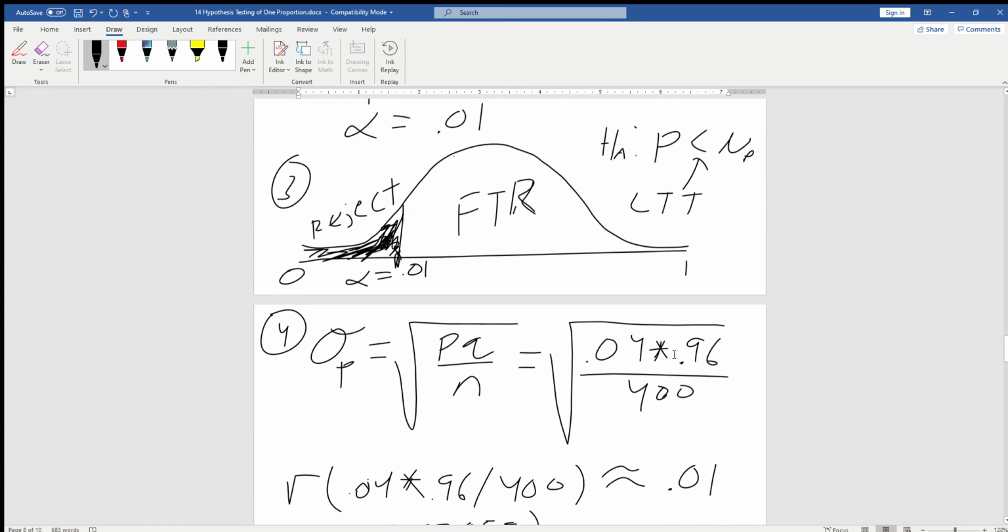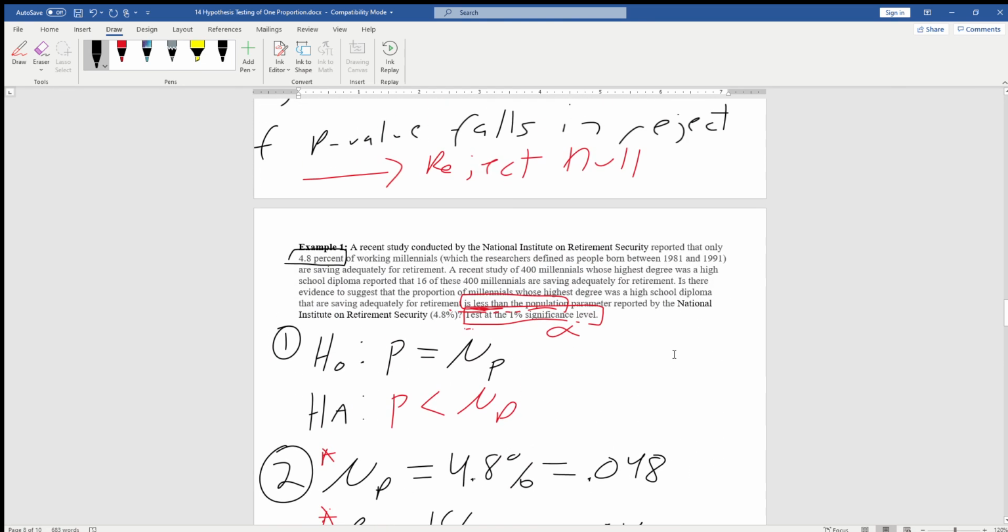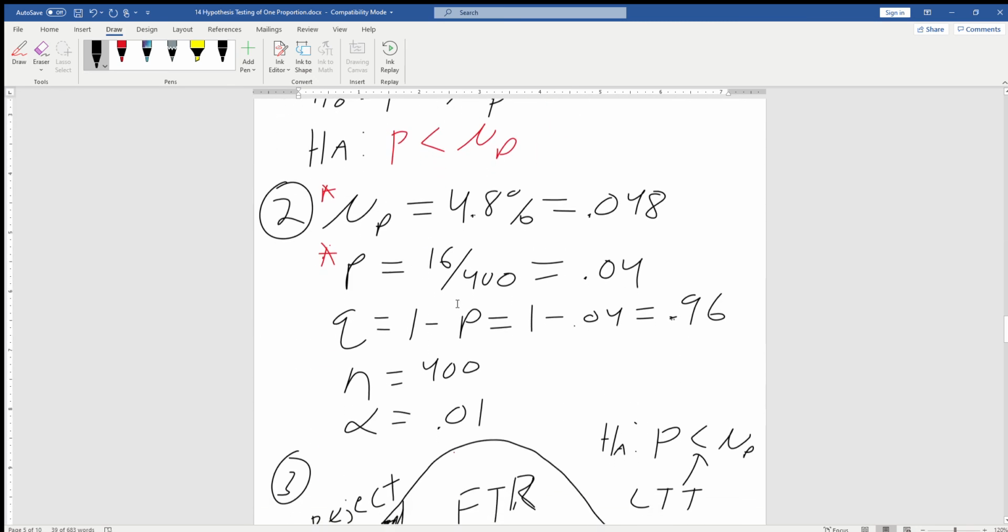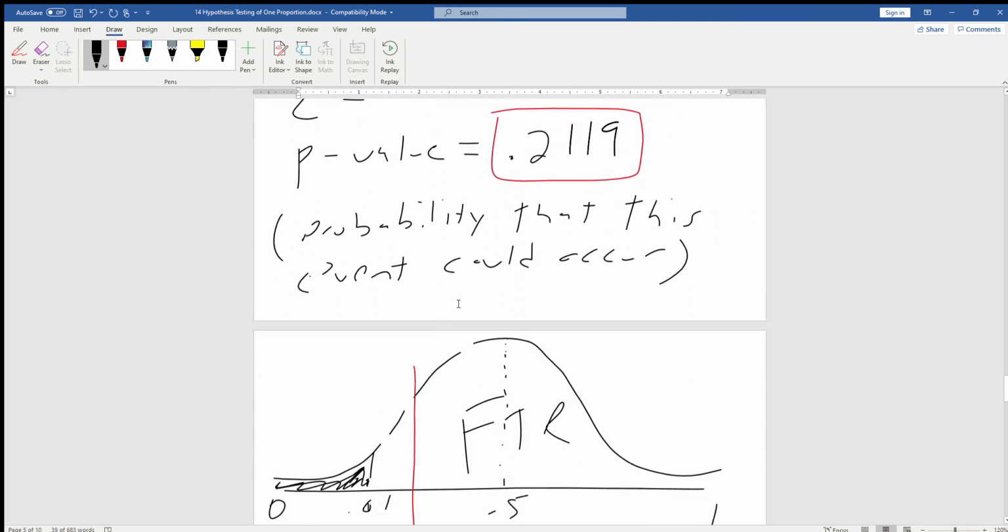Then the last thing we have to do is actually answer the question. The question is, is there evidence to suggest that the proportion of millennials whose highest degree was a high school diploma is less than what's represented by the retirement security? Here's how we're going to answer that question.